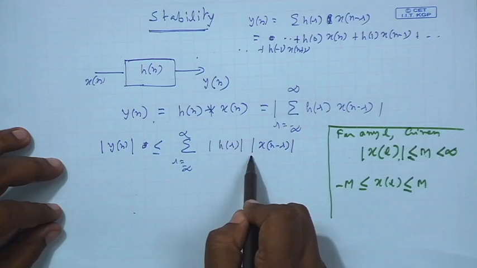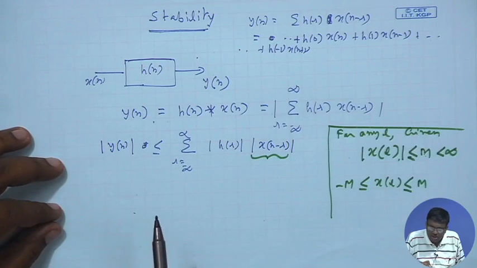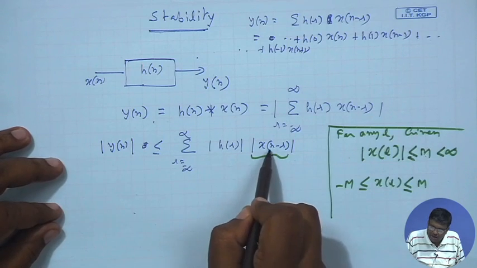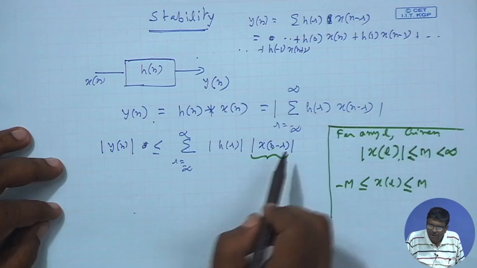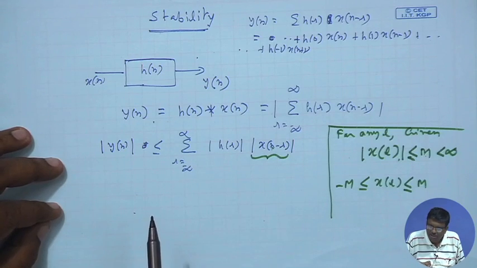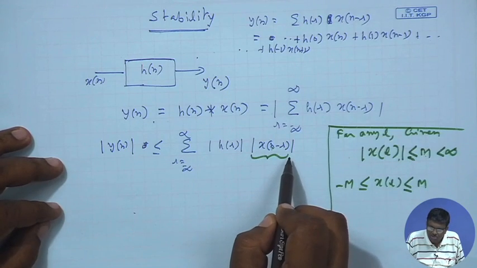So, that means this fellow, for any index, you can even imagine n minus r to be L, is less than or equal to M, because there is a mod.